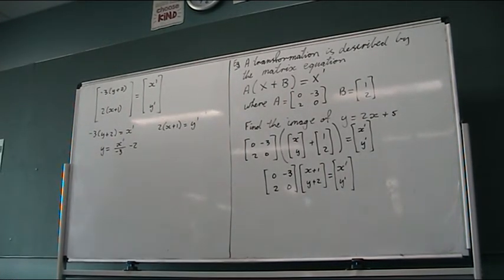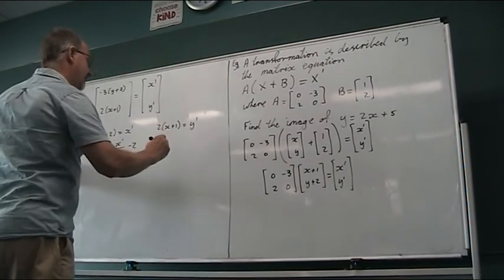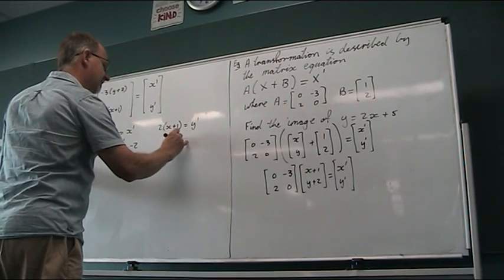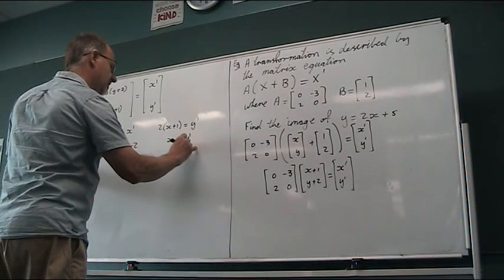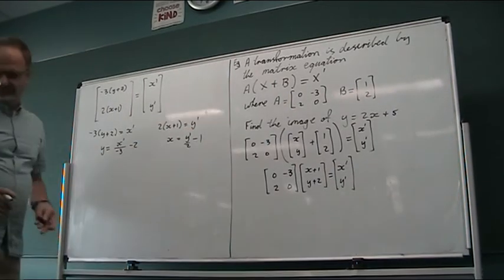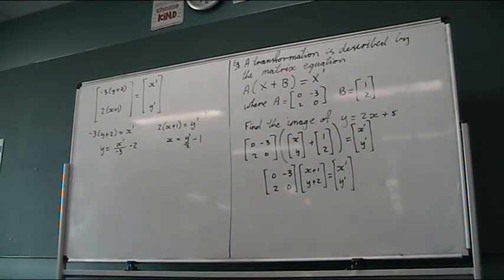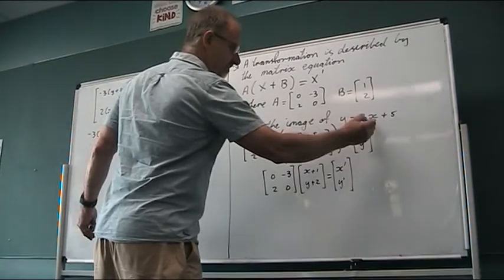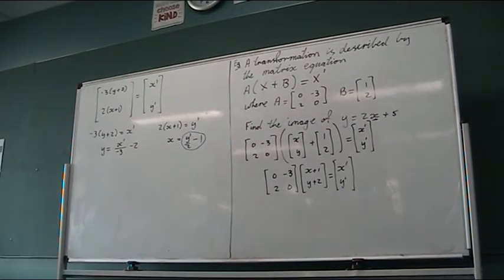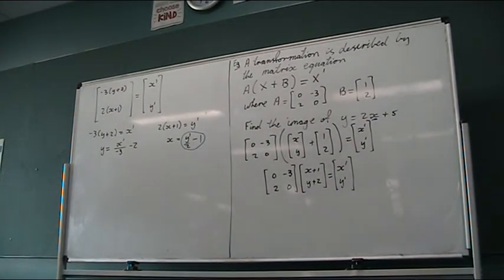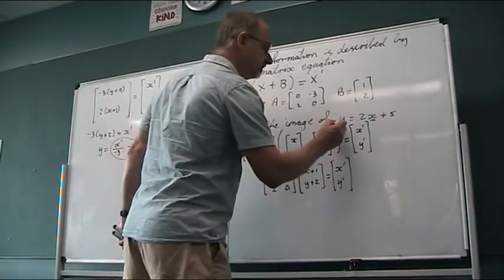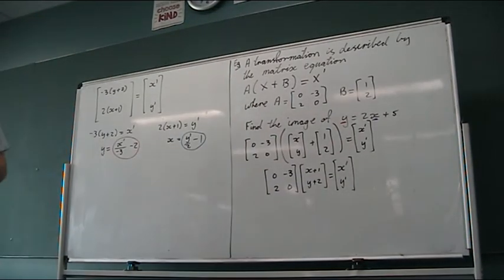Similar process for the x. We divide by 2 and take 1. So now these are the things that we replace. x is going to be replaced by y dashed take 1, and the y is going to be replaced by that.